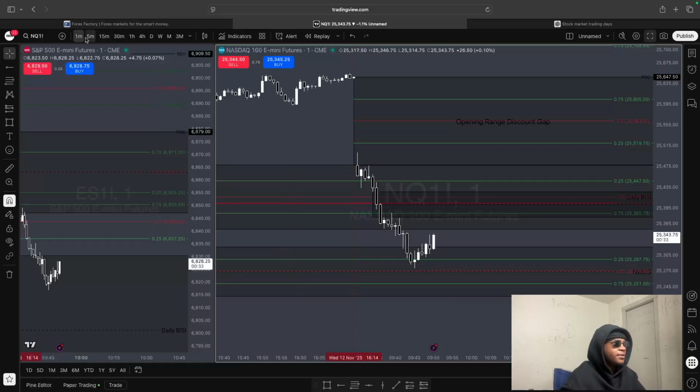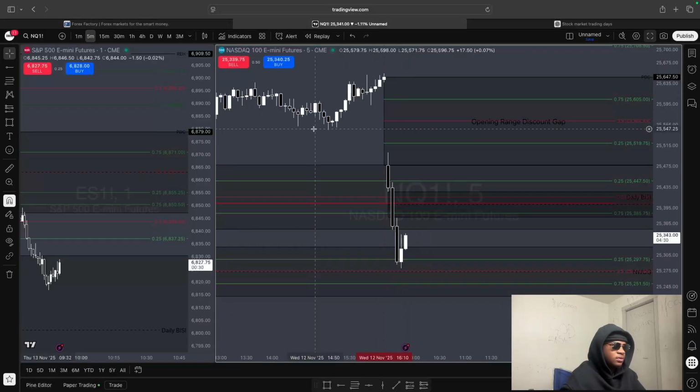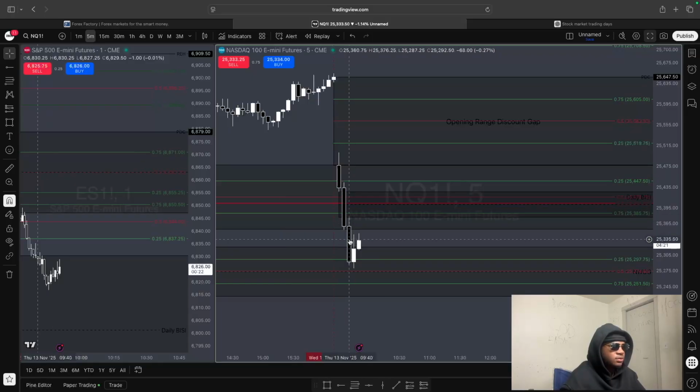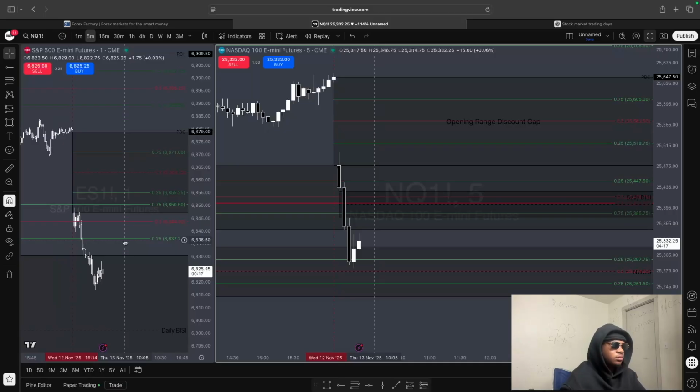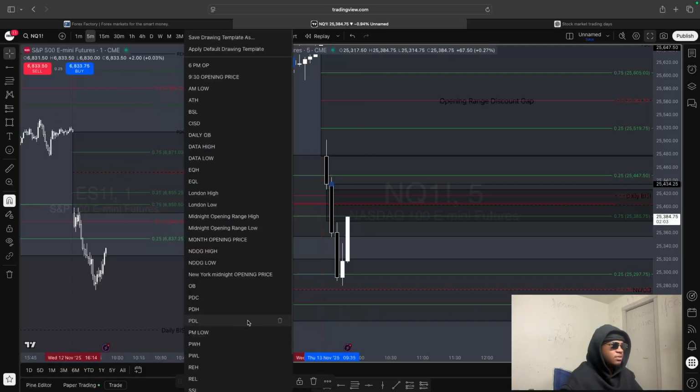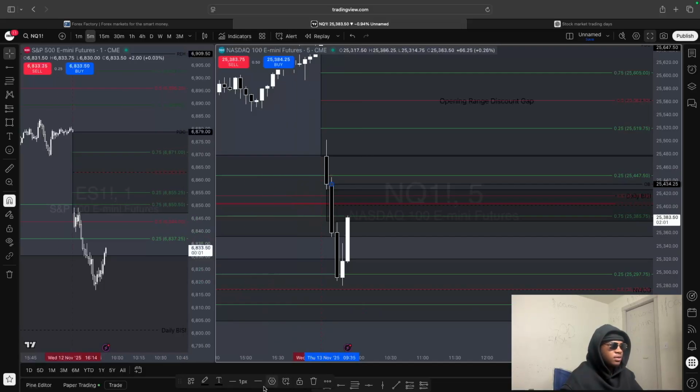Go to the 5 minute real quick. I'm going in like the 6 minute on the pinch. If we inverse this, if we push above this, it doesn't need to be a candle close.